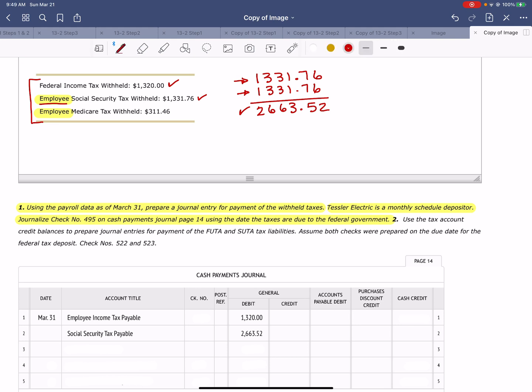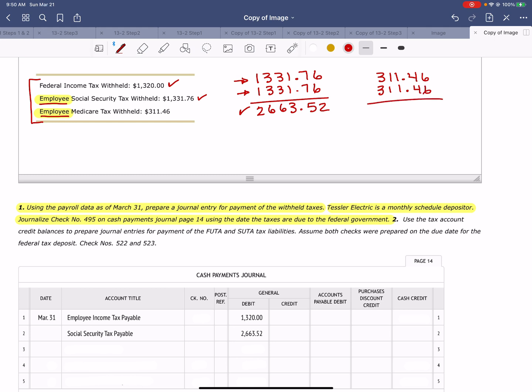Our third one, if you see this too, it says employees Medicare. Remember, with Medicare, both the employer and the employee pay it. So we're going to have $311.46, and that's your employee's tax. The employer matches it.